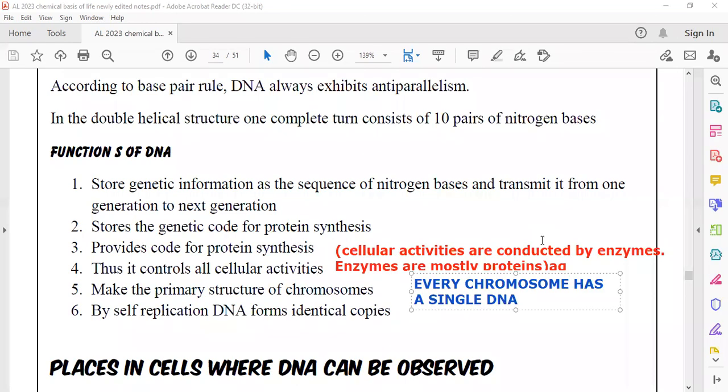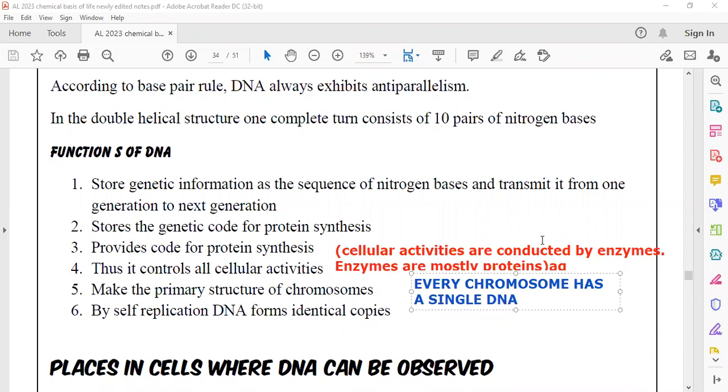Last point, self-replication of DNA. DNA is the only biological molecule that can make its own copies with high accuracy.